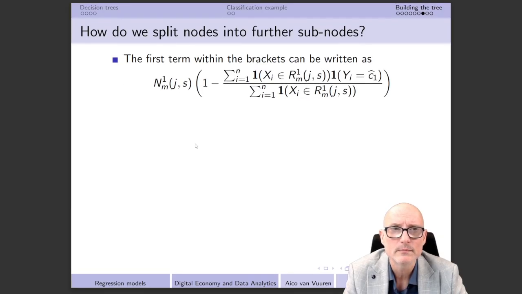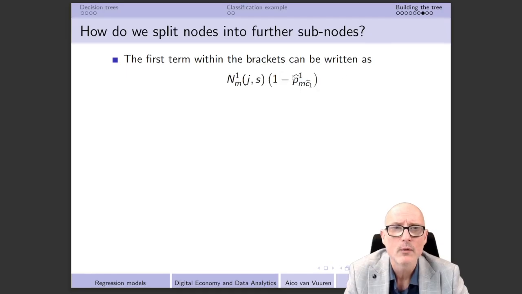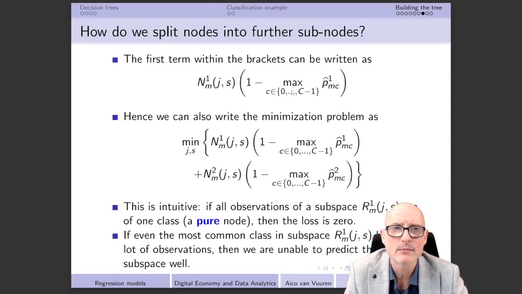It's exactly the same thing as what we had in the previous slide, but then with C1 hat. And we can write that as P hat 1MC1 hat, which is nothing else than the maximum over all the P hat 1MCs, that is, the maximum over all the classes.